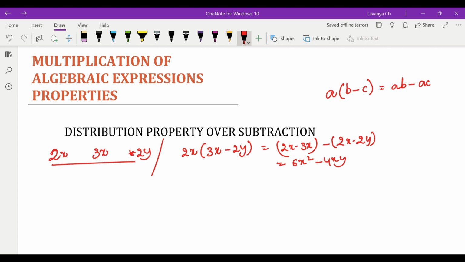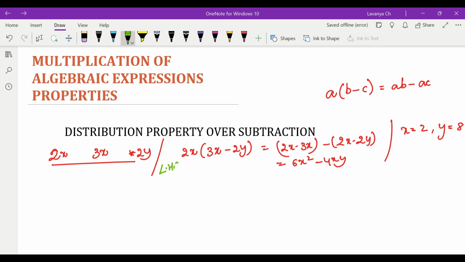We'll see whether this is correct or not by substituting some values for x and y. Let us take x equal to 2 and y equal to 8. From the left hand side, we will start to solve this.